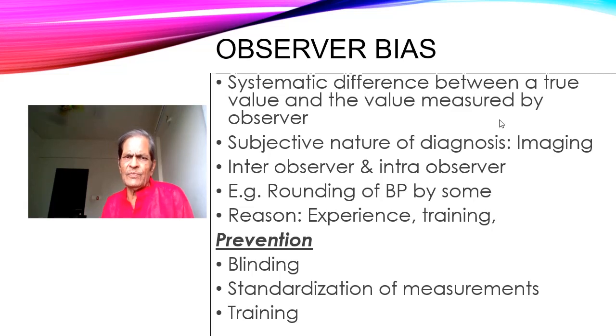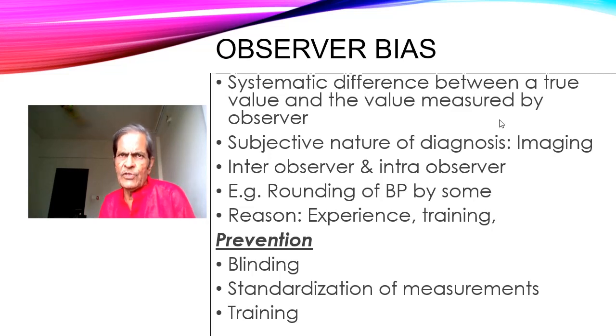This is mostly because of the subjective nature of the diagnosis, like imaging, for example X-rays, when the diagnostic methods are based solely on imaging. The diagnosis from X-rays is quite subjective. Some person may say that the disease is not there, especially in mild cases; some may say that yes, the disease is there. So that subjectivity introduces the observer bias.